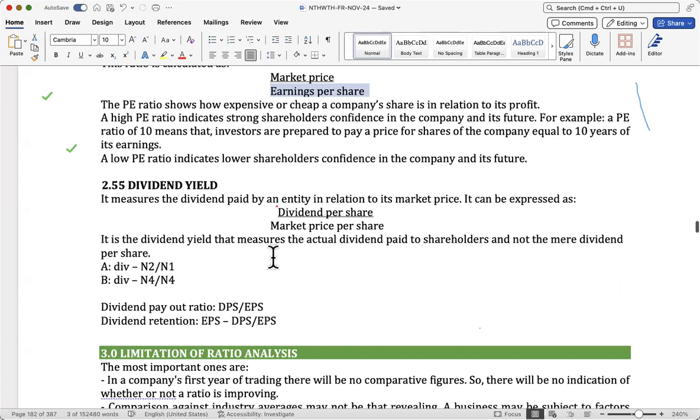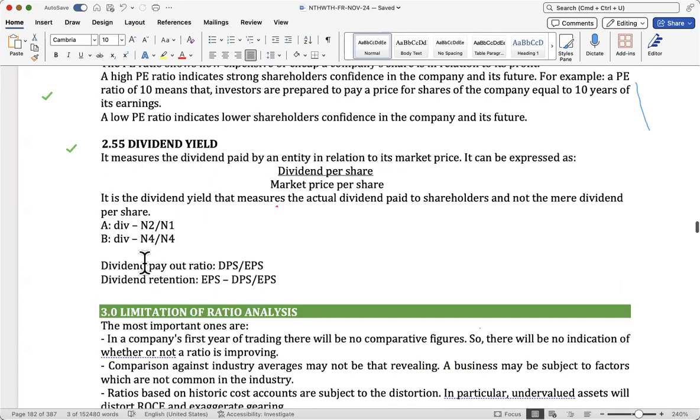What again? I've mentioned dividend yield. So there is dividend payout, which is the proportion of your earnings that you are paying out as dividend, usually expressed as DPS over EPS. And there is dividend retention, which is the proportion of your earnings that you are retaining.